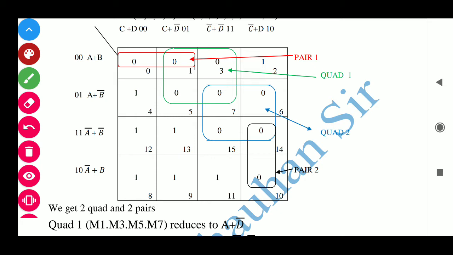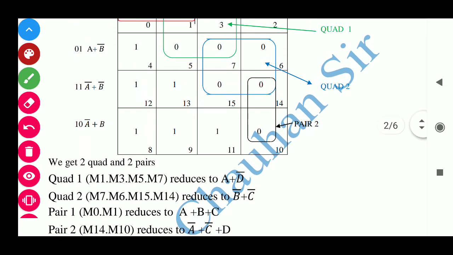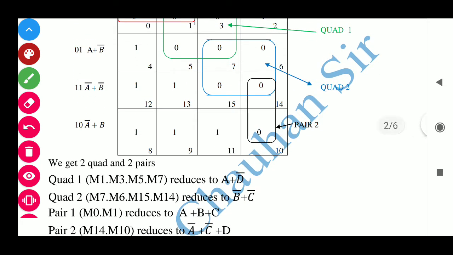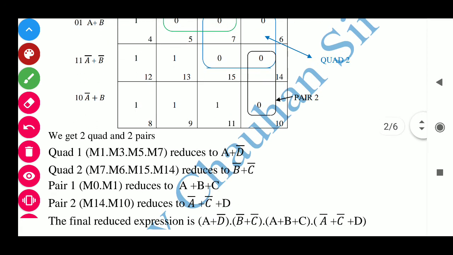For the pair we have taken one common cell, that is 14, and same way for quad 2 also one common cell, that is 7.